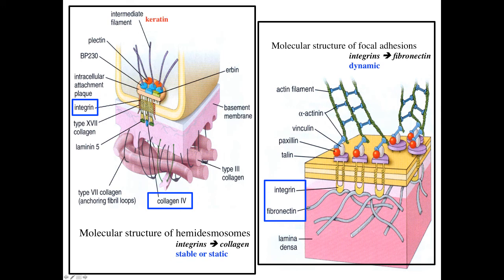The intermediate filament proteins are keratin, a very stable or static structure as opposed to the very dynamic focal adhesions. The integral membrane protein here has a binding site for fibronectin, so a very dynamic structure. The cytoskeletal filaments here are actin. These are microfilaments as opposed to the intermediate keratin filaments in the hemi-desmosome.